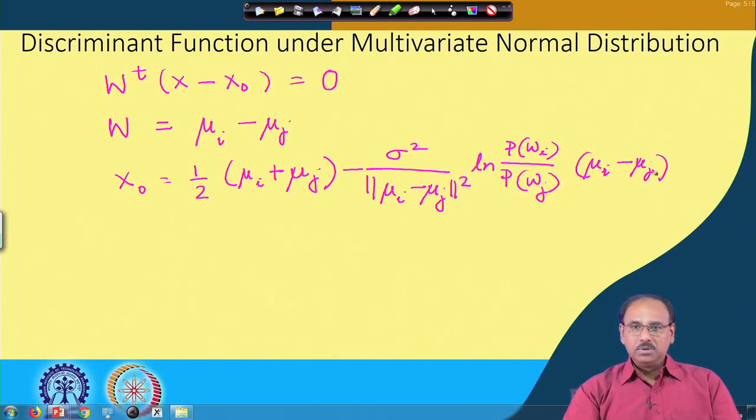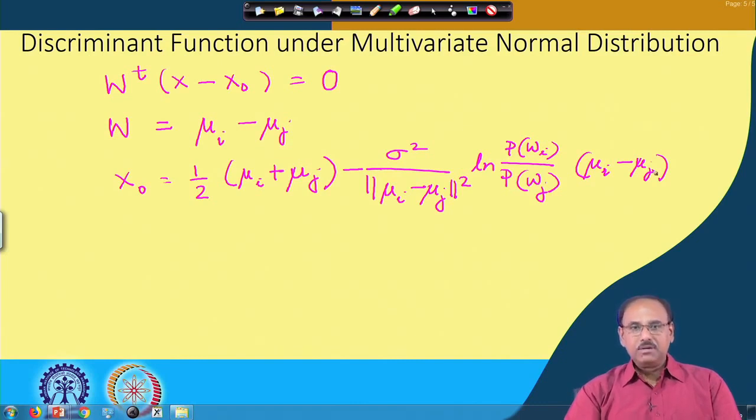Where the vector W is given by mu i minus mu j, which is nothing but a vector drawn from mu j to mu i, where mu i is the mean of the vectors taken from class omega i and mu j is the mean of the vectors taken from class omega j.